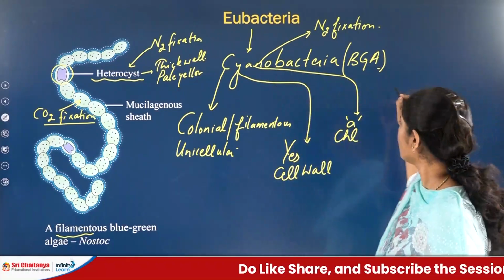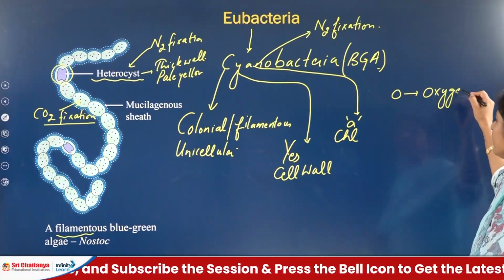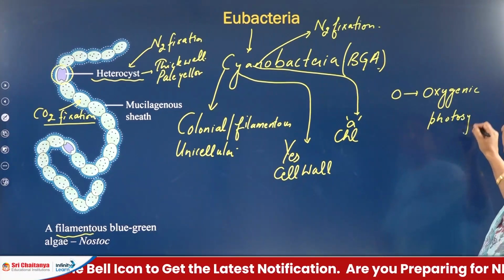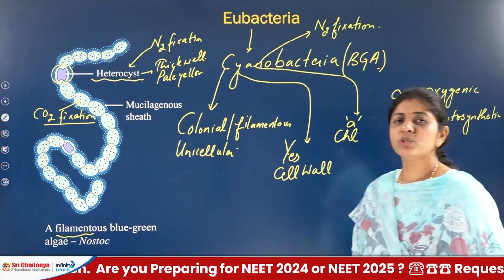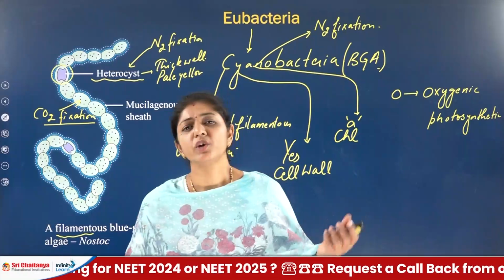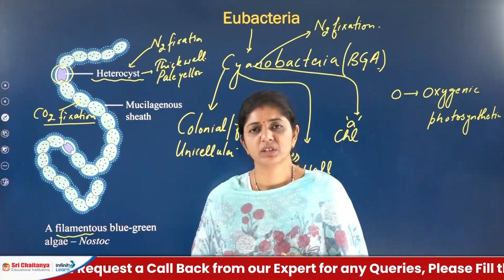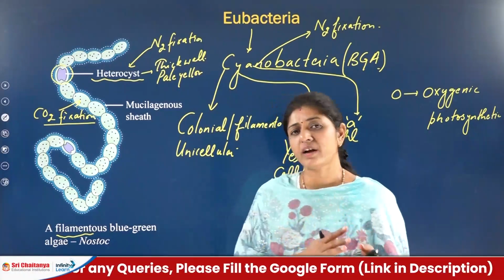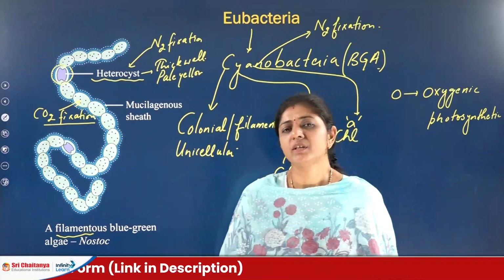Now let's see what O stands for. O stands for oxygenic photosynthetic organism. What do you mean by this? During photosynthesis, before Cyanobacteria evolved on this planet, whatever other bacteria were there were not evolving oxygen.